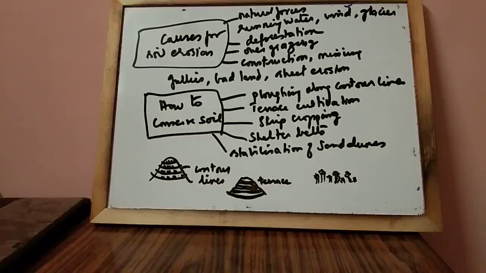Such deep channels are called gullies. And these gullies become unfit for cultivation, so the land becomes bad land. This kind of land you find in the Chambal Basin. The bad land in the Chambal Basin is called ravines.